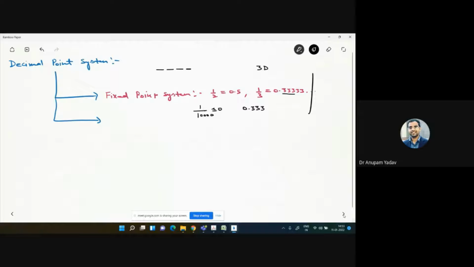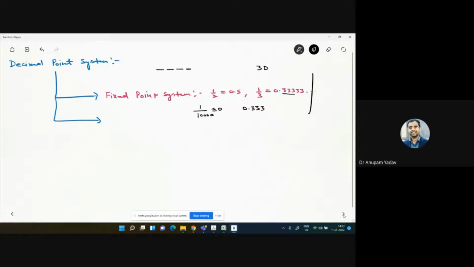So this is what we should understand by the fixed point system, where we fix the decimal points and proceed like this. So it is a system जिसको कि use किया जा सकता है. ये इसकी limitations है.